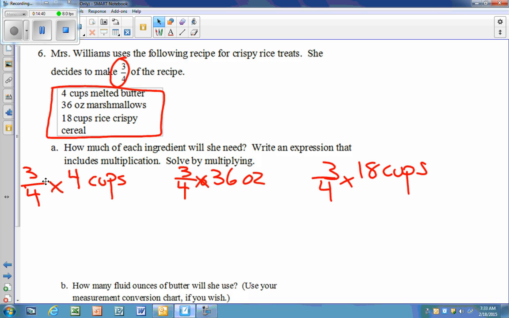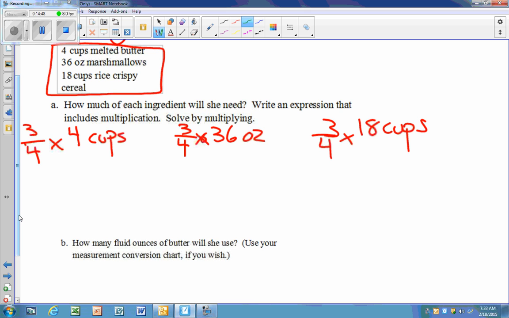So now I'm going to not solve. It shouldn't say solve. I'm going to simplify because it's an expression. And over here, 3/4 of 4 cups is 3 cups. And that's the butter in case we need to know. And 3/4 of 36 ounces is 27 ounces, and we're talking about the marshmallows.